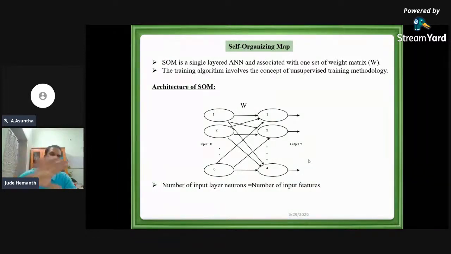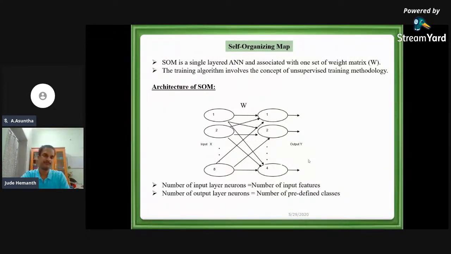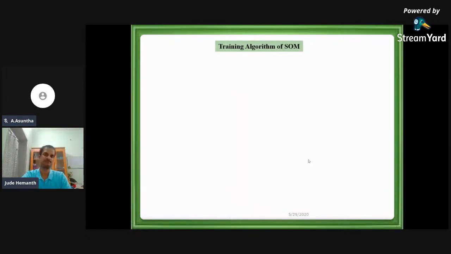Now my input is not an image, but the numbers extracted from the image, which correspond to 8. So I have 8 features in my input layer and 4 output layer neurons, which correspond to 4 classes. The number of output layer neurons is equal to the number of predefined classes. And the objective of training is to determine the stabilized weight matrices.